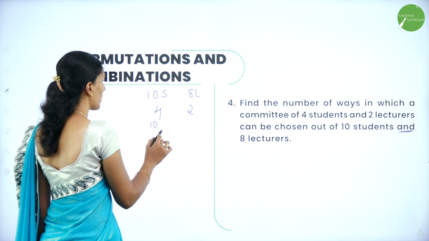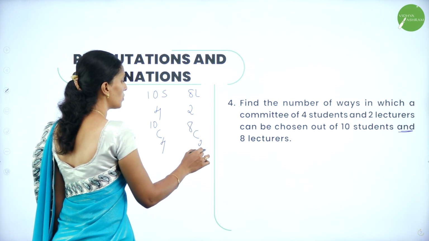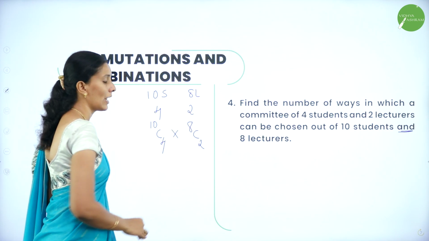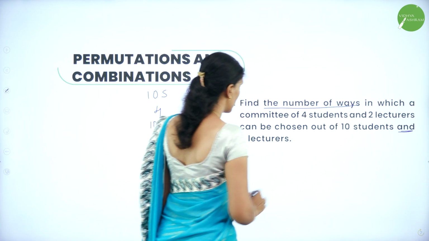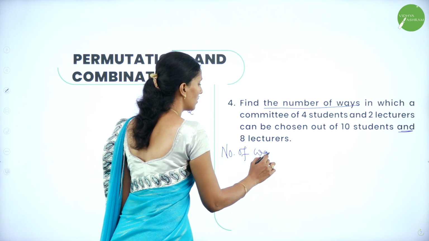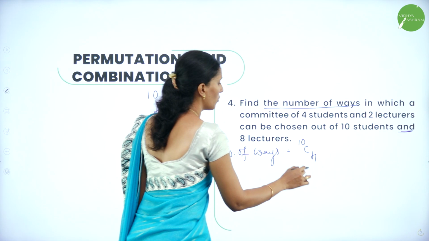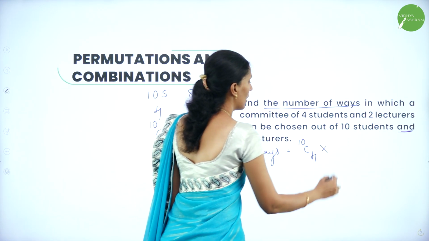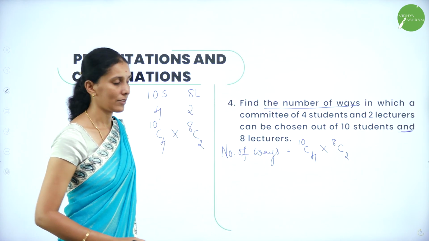That is 10C4 and this is 8C2. So 10 students and 8 lecturers, and this will be a multiplication. So therefore, my total number of ways will be 10C4, so 4 students out of 10 students, and you have to choose 2 lecturers out of 8 lecturers.